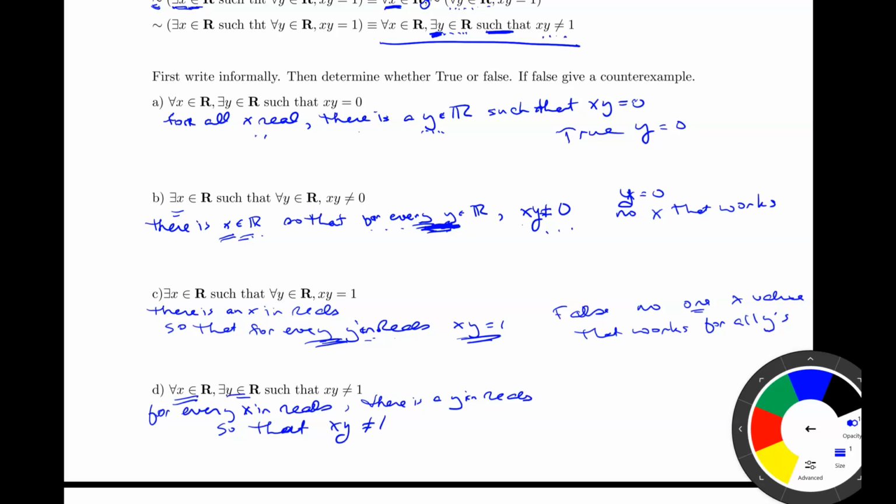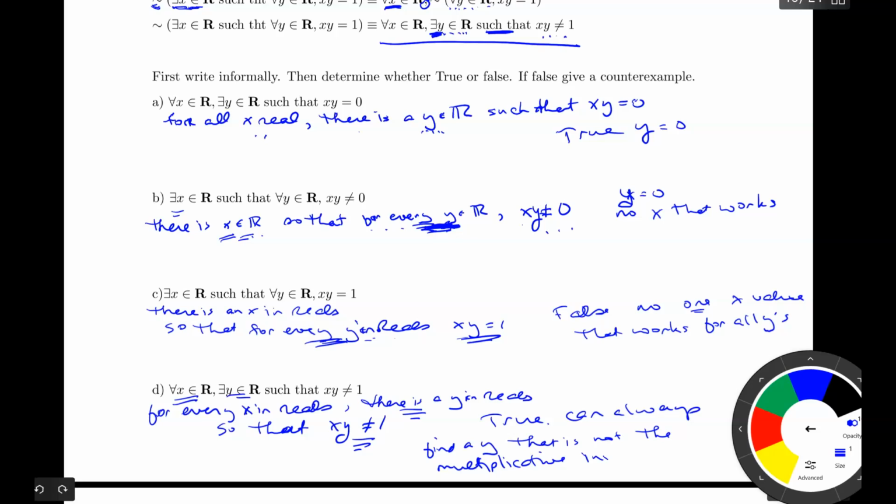You can find a y value so that it doesn't equal 1. You can always find a y that is not the multiplicative inverse, right? That's what the multiplicative inverse is, to make it multiply to equal 1. Give me an x, I can find another y that will make it not equal 1.